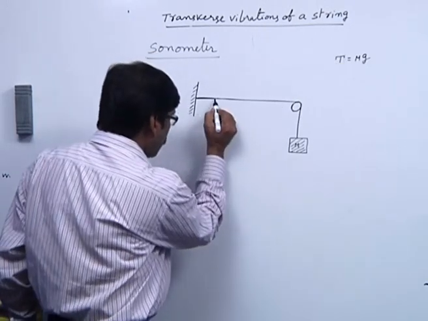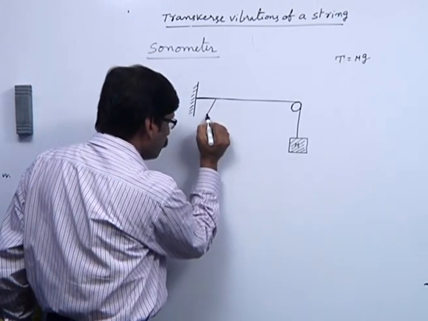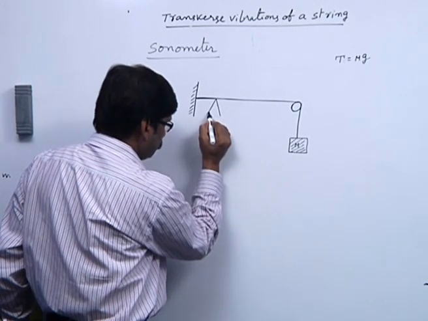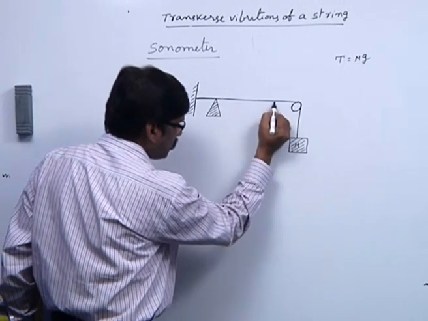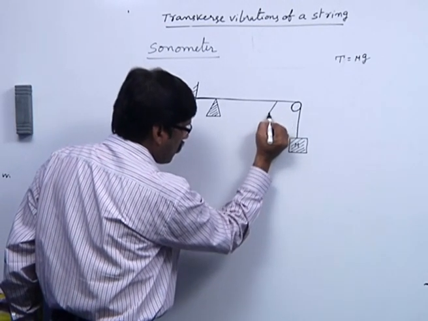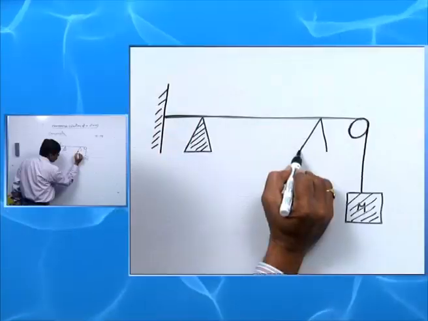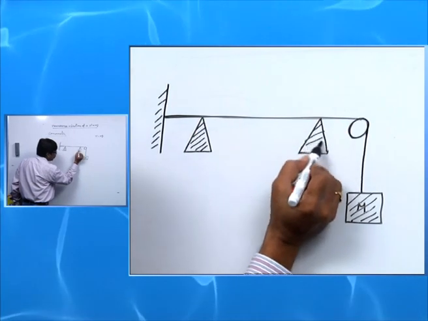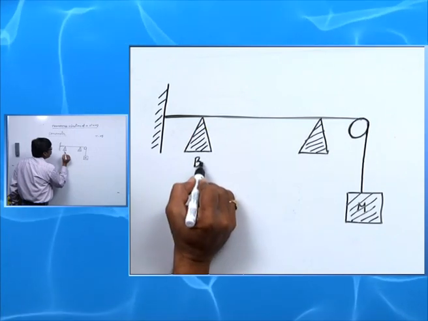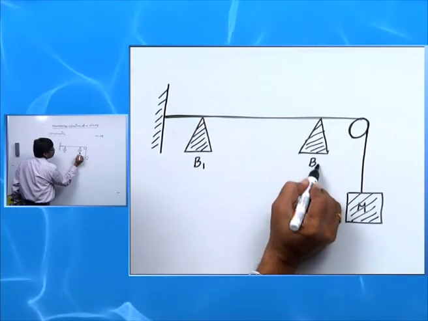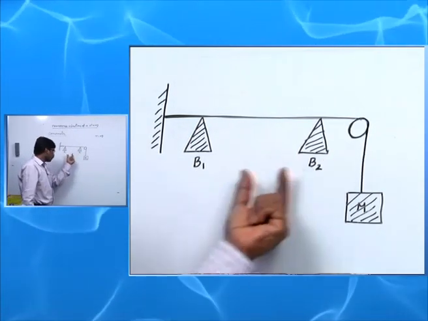Then put two knife edges, which you can call B1 and B2, where I can move the position of B2.